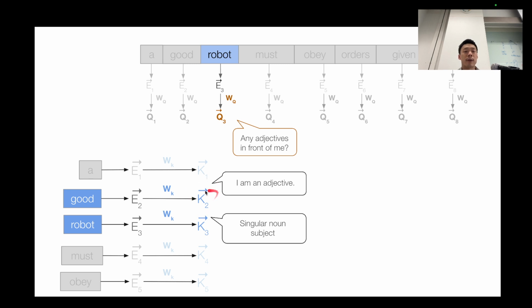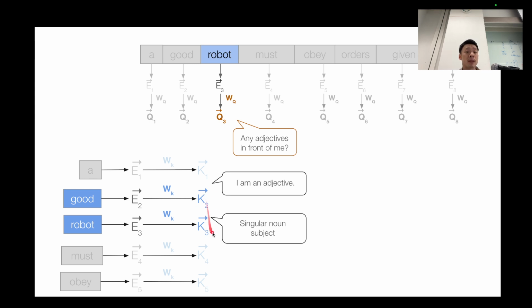For K2, Q3 and K2 match well, right? Q3 is looking for an adjective in front of itself, and K2 is an adjective, so it's a match. It should pay more attention here. So the dot product between Q3 and K2 should be high.